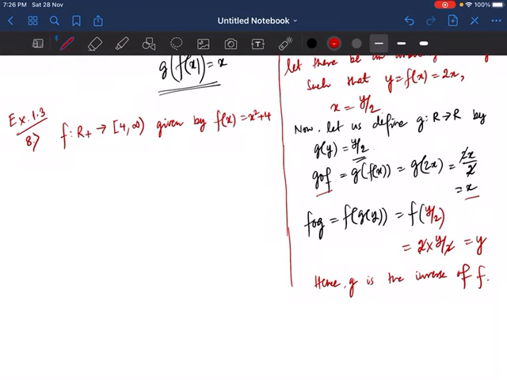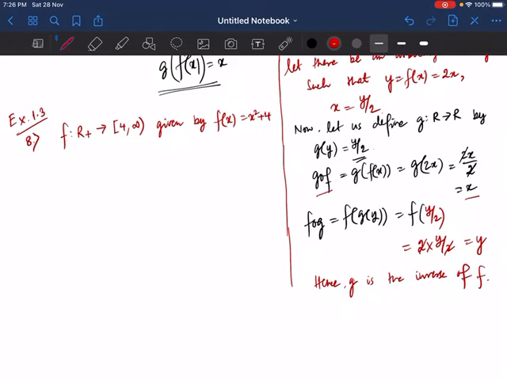So this is a function. Then it says show that f is invertible and the inverse is given by f⁻¹(y) = √(y − 4). So they have directly given you the inverse function and you have to prove this, where R+ means the set of all non-negative real numbers. So it means basically positive real numbers.